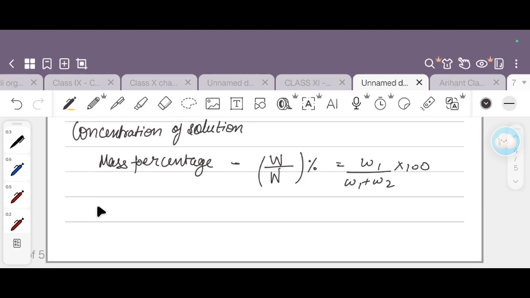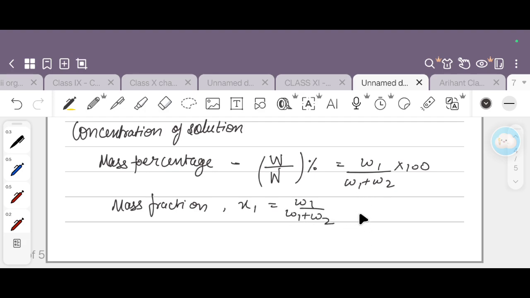The next concentration term is mass fraction, given by x1 equals W1 upon W1 plus W2.